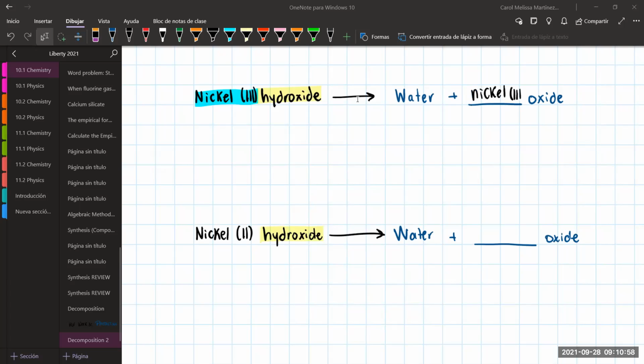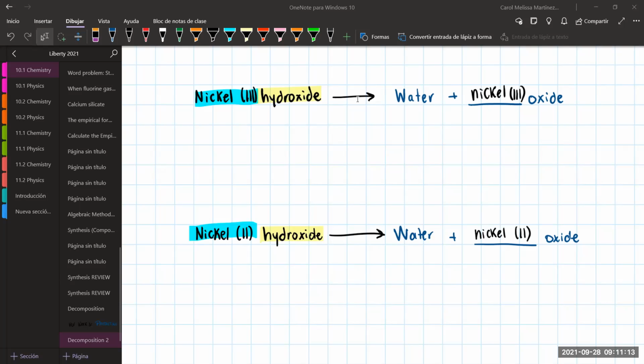Remember, we write the cation and we keep the charge from the exercise. Also in this part, nickel 2 is my cation. So that's what I'm going to write.